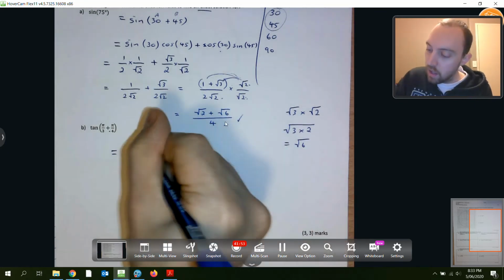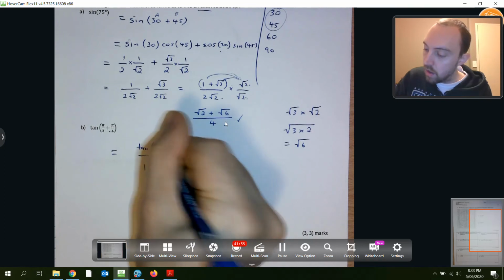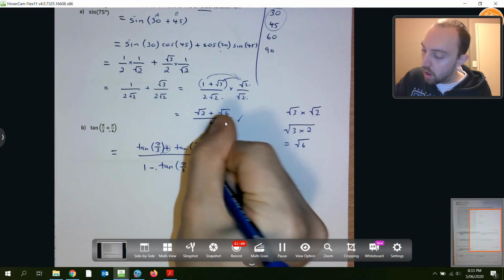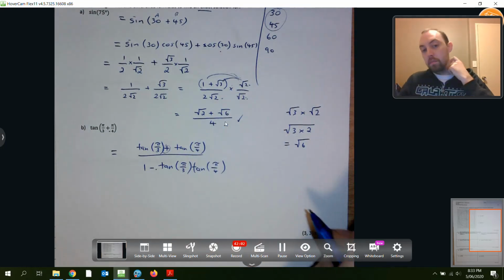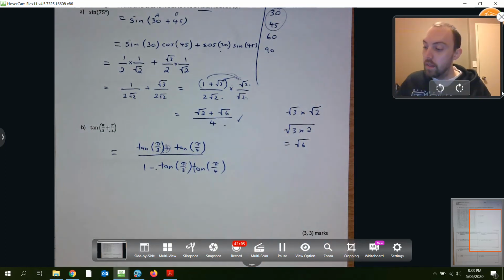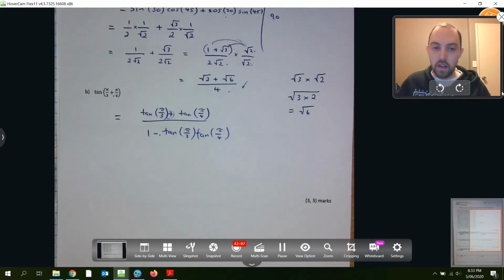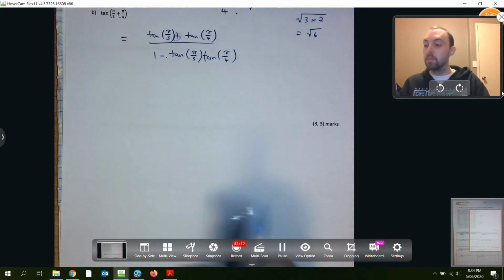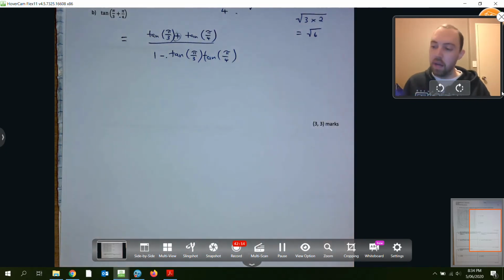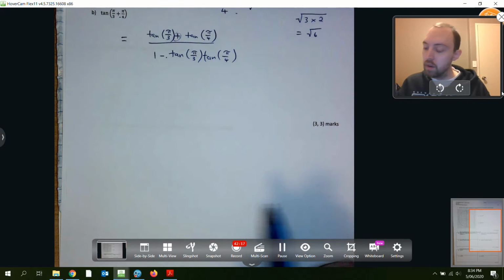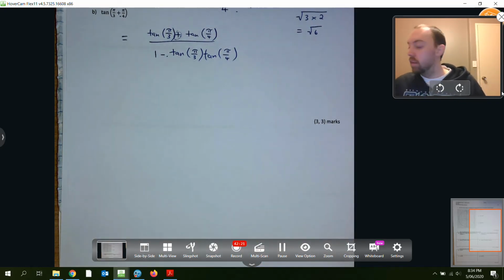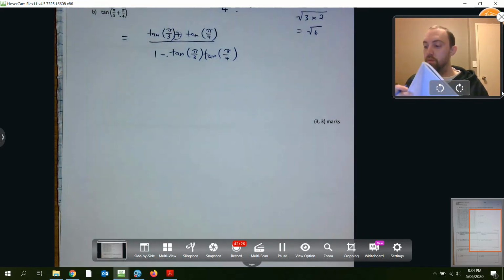And add it together on top. See if you can recognize some patterns in your angle sum formulas. Recognizing those patterns is going to help you to memorize it. Anyways, so we're looking at tan pi on 3 and pi on 4.